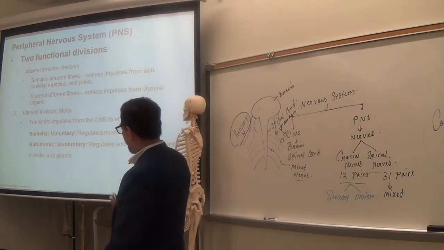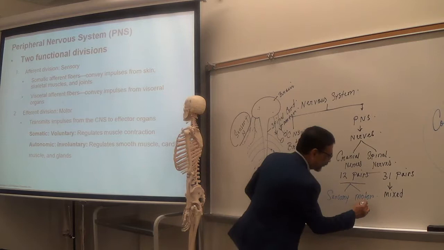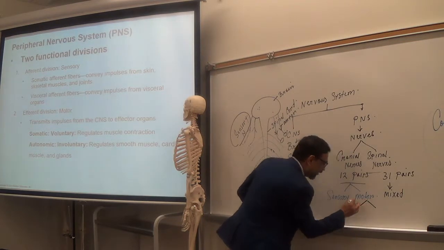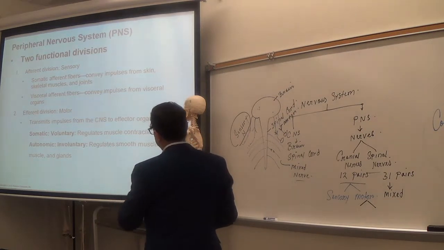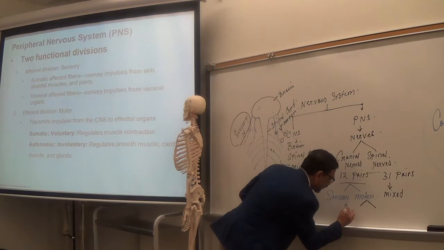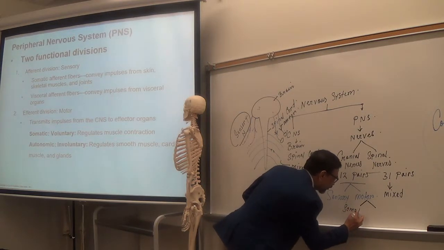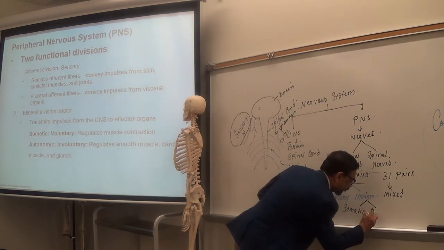Now motor could be again two types. Somatic motor, which is voluntary, and autonomic motor, which is involuntary. So motor is divided into somatic and autonomic.